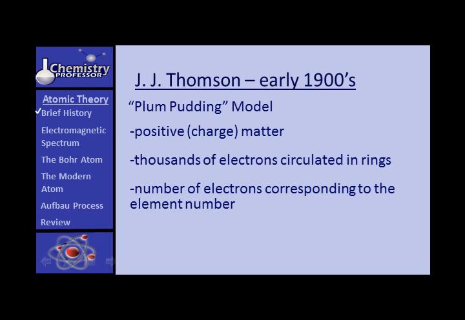He later modified that to be a sphere of positive matter with a much smaller number of electrons circulating in there. And the number was unique to each element. The number corresponded to the element number, which has, by the way, nothing to do with atomic number. Further, he went ahead and noted the mass-to-charge ratio of the electron.